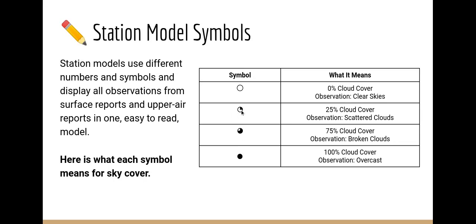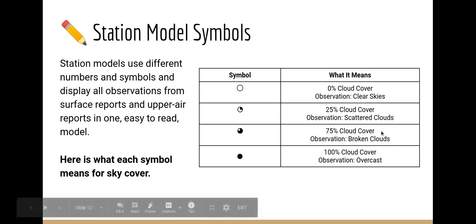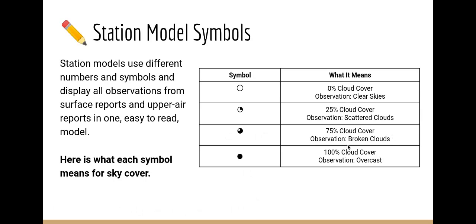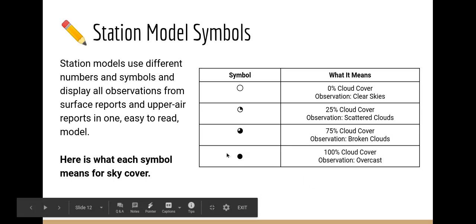A fourth of the symbol covered means 25% cloud cover or scattered clouds. If 75% of the circle is covered, that means 75% cloud cover, or 3/4. The observation is broken clouds. And if the full circle is covered, that means 100% cloud cover, and the cloud observation is overcast.